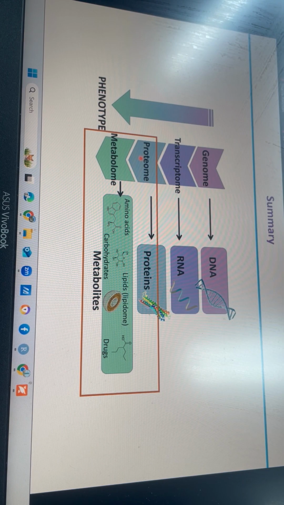That's called the proteome, not a single protein, but all the proteins present in a system. So this is our proteomics, and then the metabolome means all the small molecules present in a system or organism. That's metabolism. So our focus will be the proteome and metabolome.